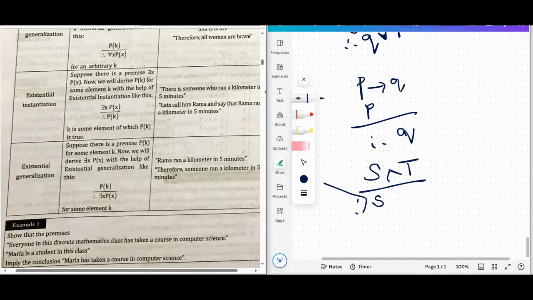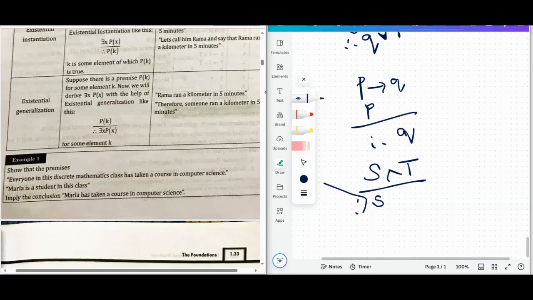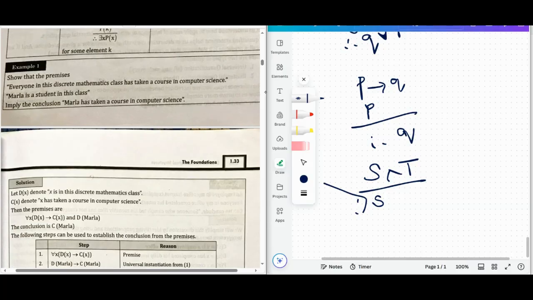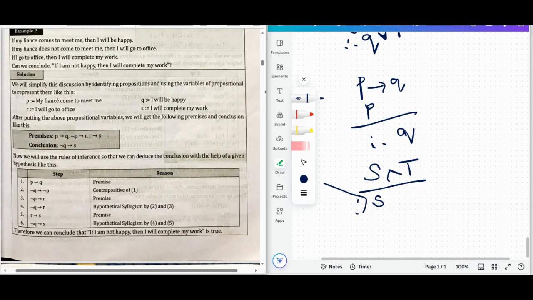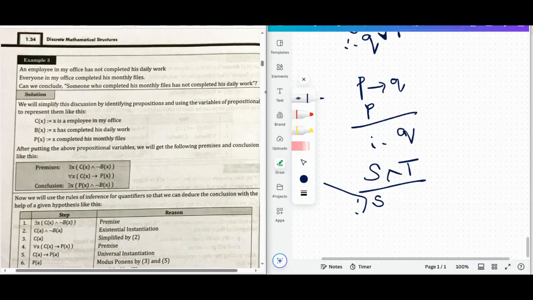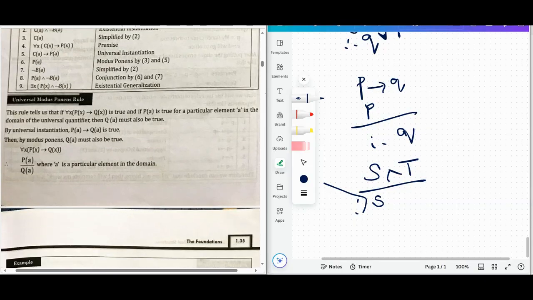Then existential generalization: if there is P(k), then there exists x P(x). Rama runs a kilometer in 5 minutes. Therefore, someone can run a kilometer in 5 minutes. That will be the answer. So here we have some examples they have given. Just go through all the examples.